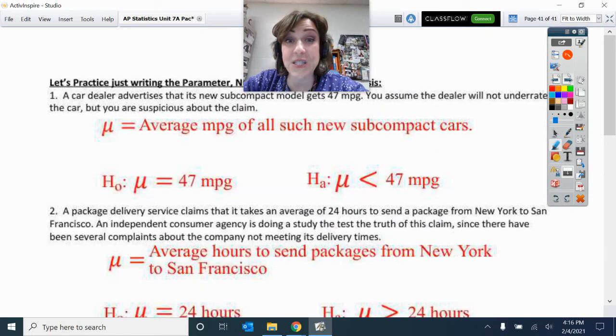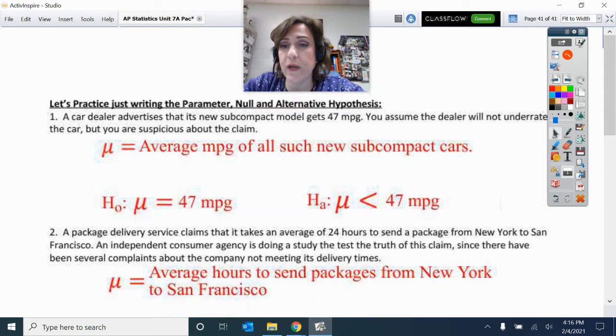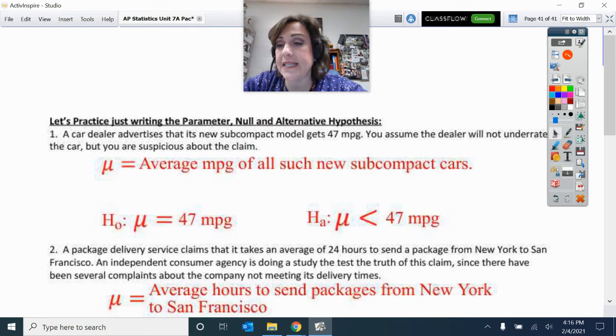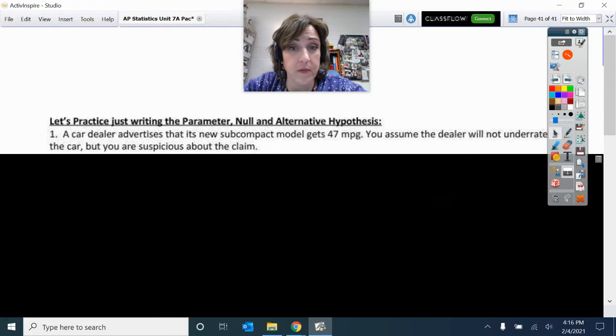Okay, let's practice. We are going to practice stating the parameter, the null hypothesis, and the alternative. I have mixed in averages and proportion problems because this is a time where we can.